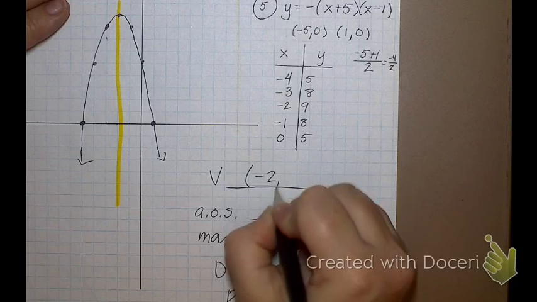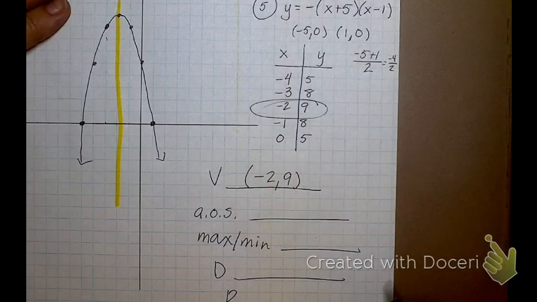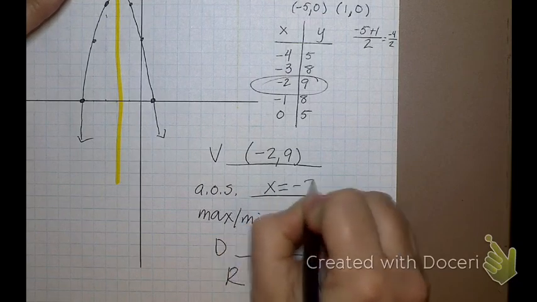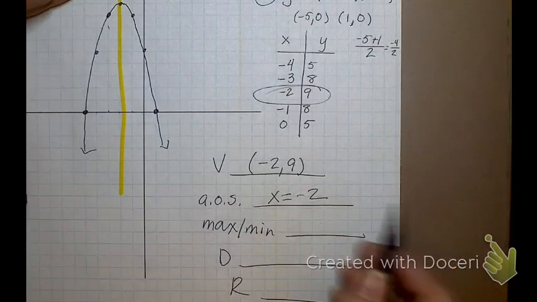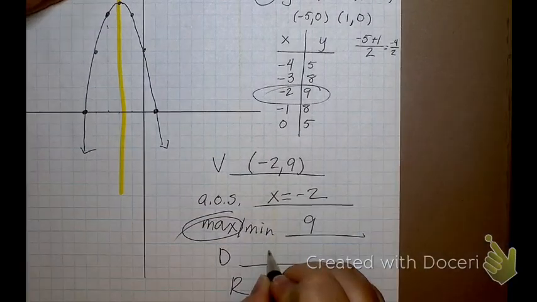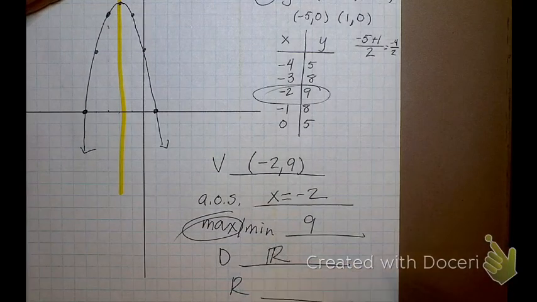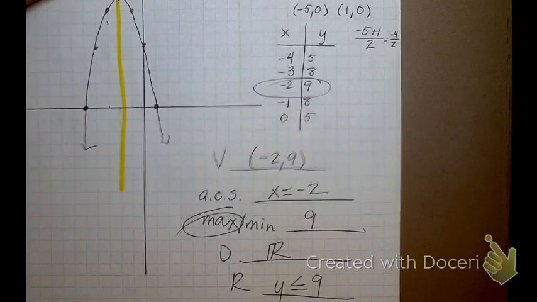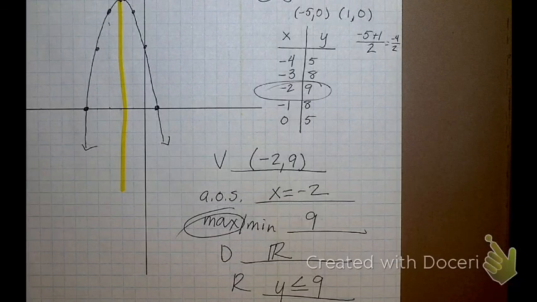Negative 2, 9. Oh, it's right there. My bad. What's my axis of symmetry? X equals negative 2. Do I have a maximum or a minimum? A maximum of 9. What's my domain? All real numbers. And my range is y is less than or equal to 9. Y less than or equal to, because it's going down.